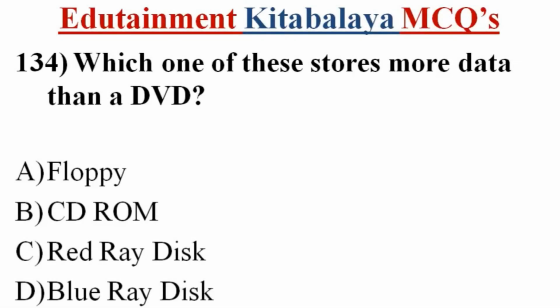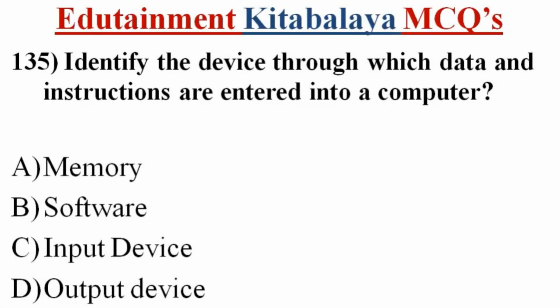Question number 134. Which one of these stores more data than a DVD? A. Floppy. B. CD-ROM. C. Blu-ray disk. D. Blu-ray disc. Correct answer is D. Blu-ray disc. Question number 135. Identify the device through which data and instructions are entered into a computer. A. Memory. B. Software.